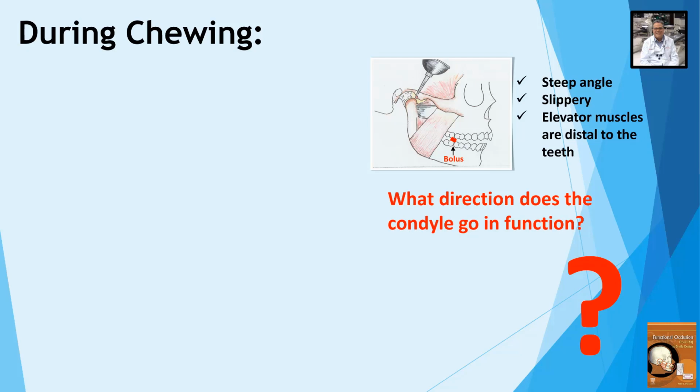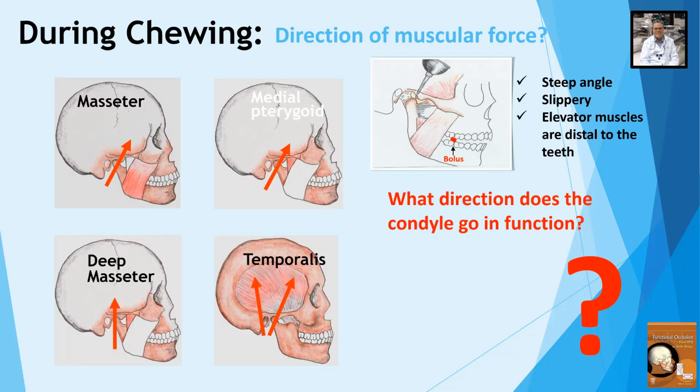And so then the next question is, what is the direction of the muscular force? If we look at these pictures here, we see that the elevator muscles all pretty much go into an upward pull and some towards the anterior. And so we chew on the second molar with the food. The muscles are behind with heavy contractive force.